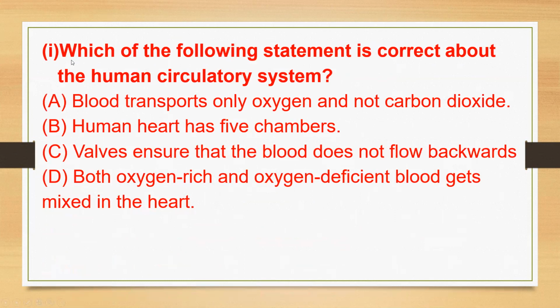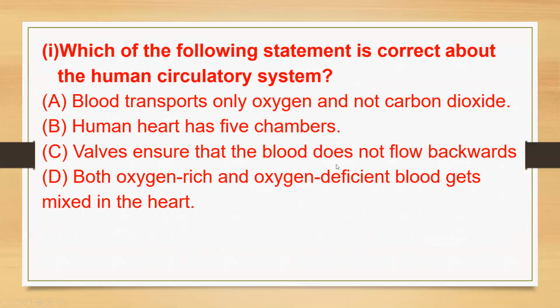The first question: which of the following statements is correct about the human circulatory system? Option A, blood transports only oxygen and not carbon dioxide. It's false, no? Option B, human heart has 5 chambers. Of course, it's also false. Next, option C, valves ensure that the blood does not flow backwards.